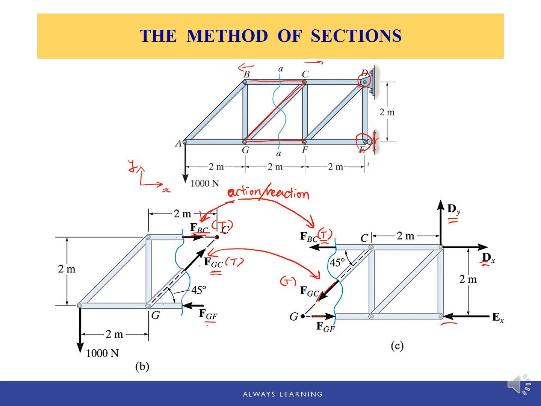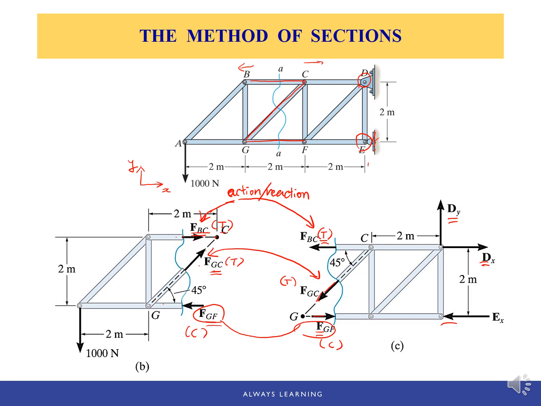And same for the last pair of forces. They are action and reaction as well, same magnitude but opposite directions, and both of the forces are compression. So those are the two free body diagrams of the left and right segments respectively.